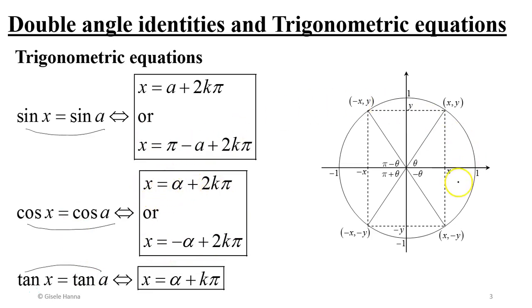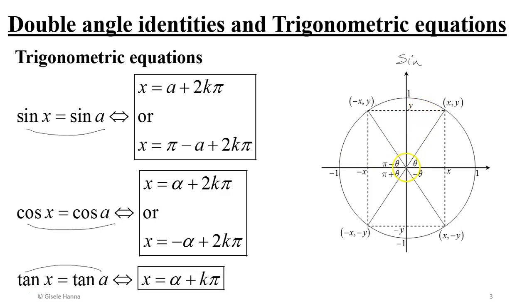Now let's just discuss them a little bit on the unit circle in order to make sense out of these rules. So let's first start by discussing sine x equals sine a. Sine x equals sine a means that I am having 2 angles with the same sine, and we know that on the trigonometric circle, the vertical axis is the axis of sine.